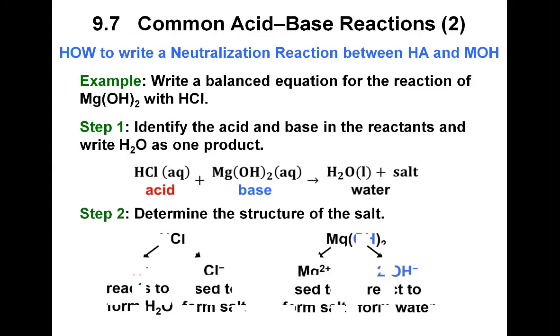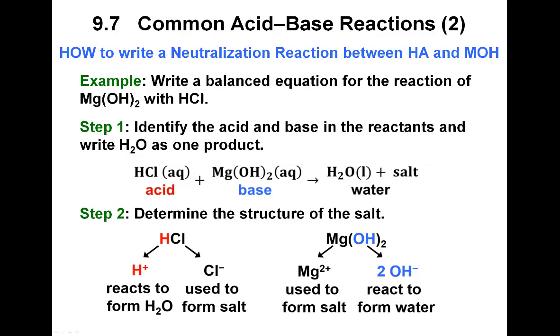So we already know that from HCl, we have H+, which already reacted with OH- that comes from the base, and together they form water. So what's left is the chloride ion, Cl-, that came from HCl, and the magnesium ion that comes from the base, Mg(OH)2.